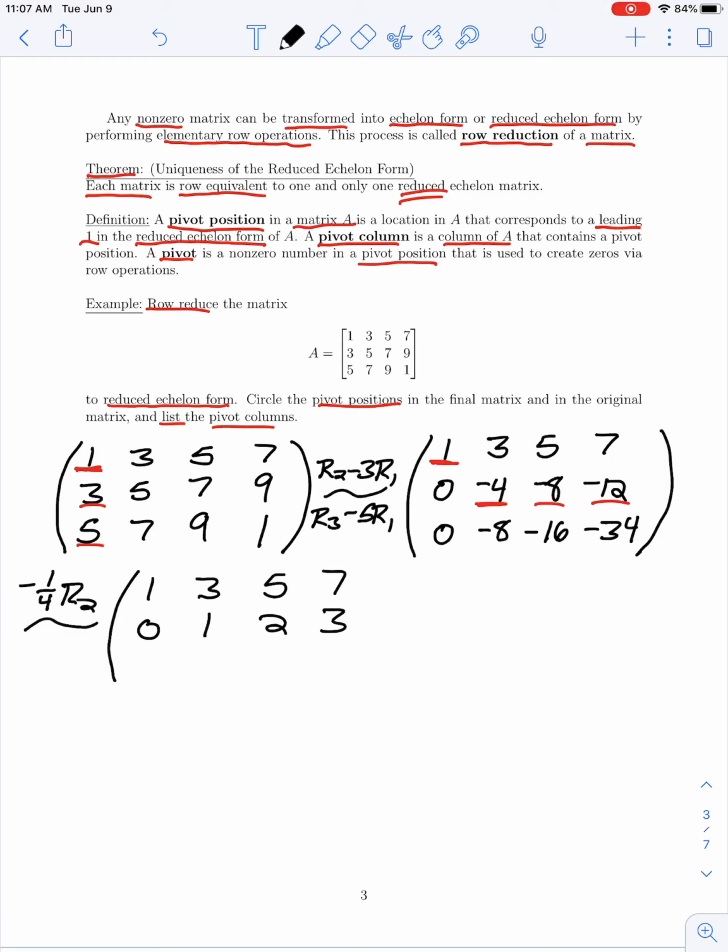Now, in our last row, we could simplify a little bit by noticing that each of our entries in this last row is even. They're all divisible by 2. So to simplify my third row, I could take my third row and divide through by -2, or take -1/2 of the third row, and that makes my third row 0, 4, 8, 17.